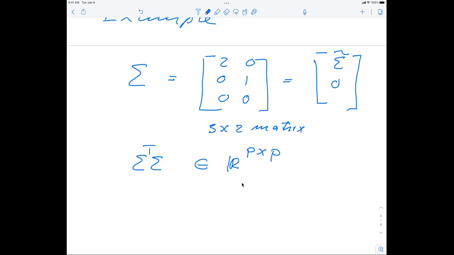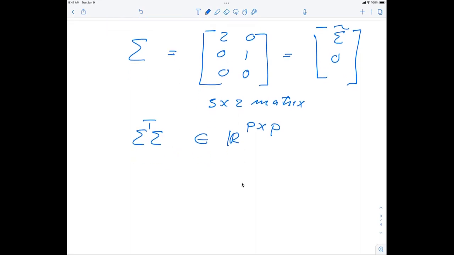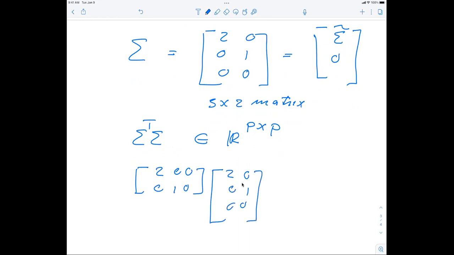If I take the transpose, it would be 2, 0, 0, and then 0, 1, 0, multiplied with 2, 0, 0, 1, 0, 0. This is a 2x3 matrix times a 3x2 matrix, and this gives us a matrix equal to 4, 0, 0, 1 when you do the algebra.